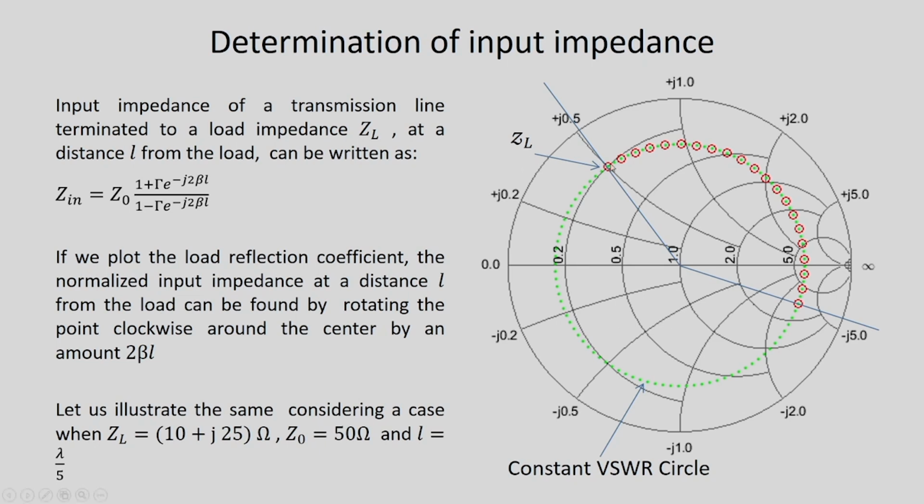Now, starting from this point, as we move along this constant VSWR circle, the movement is indicated by these small circles, and we reach this point. From the wavelength marking provided on the chart, you can find this to be equal to lambda by 5 or 0.2 lambda starting from this point, and you stop here.